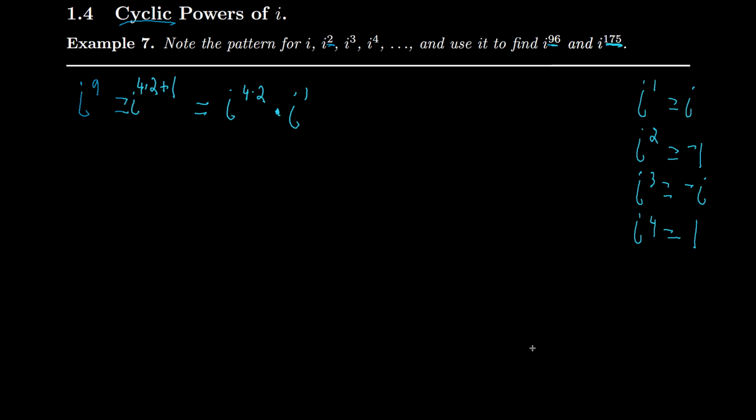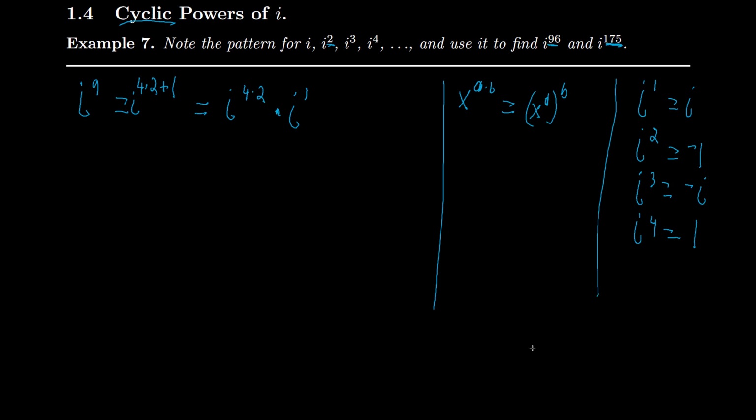And if you need help remembering your exponent rules, I'll write them out for you real briefly right here, and you can copy them down because they're probably going to get erased here in a second. Basically, any base, so let's say x, for example, x to the a times b is x to the a, raised to the b power.